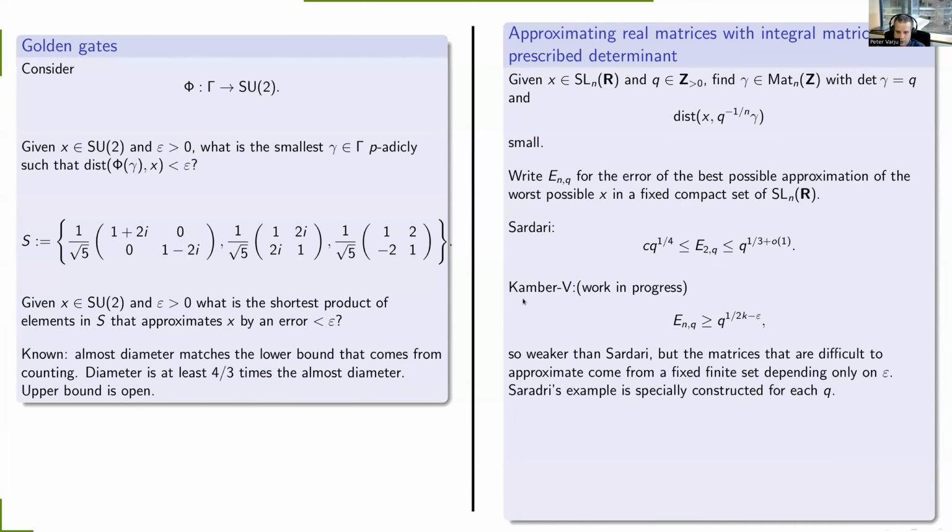And I have a joint work in progress with Amitay where we show that you can prescribe x in the n by n case, such that you can't do better than q to the 1 over 2n.